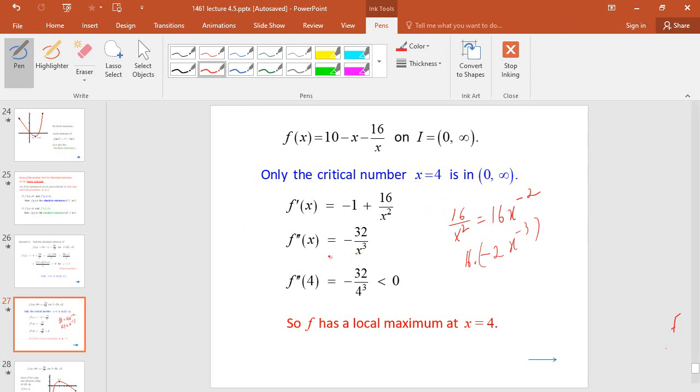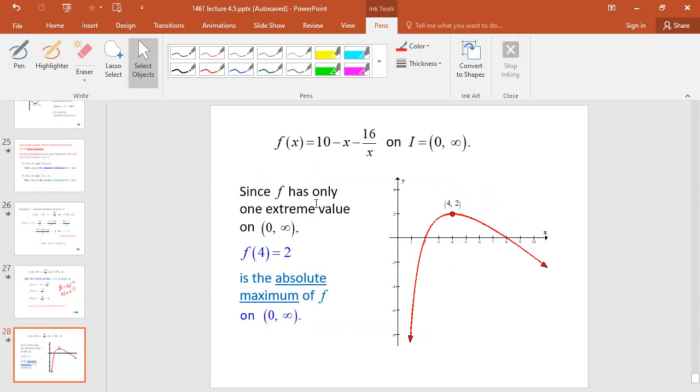If I evaluate the second derivative at 4, then I get negative 32 over 4 cubed, which is negative. So that means that at the only critical point 4, f has a local maximum, but since we have only one critical point, f of 4 would be the absolute maximum.